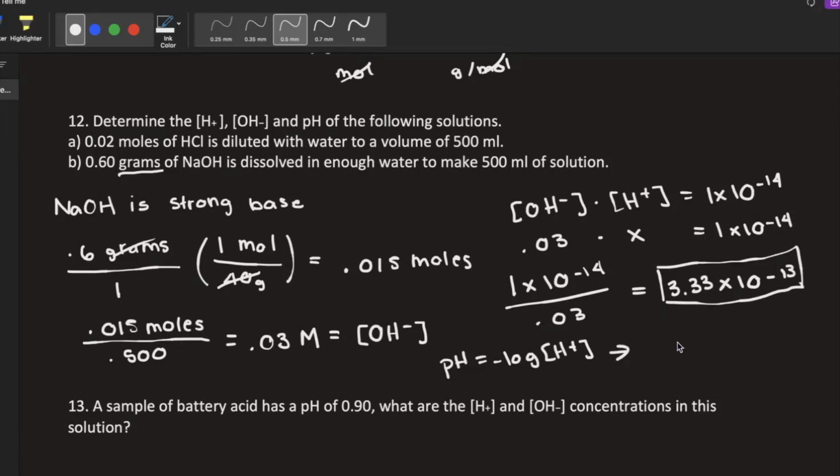So we just input it: negative log of 3.33 times 10 to the negative 13th. I'm running out of room, but essentially, our pH is going to equal 12.47, which also makes sense because NaOH is a strong base.